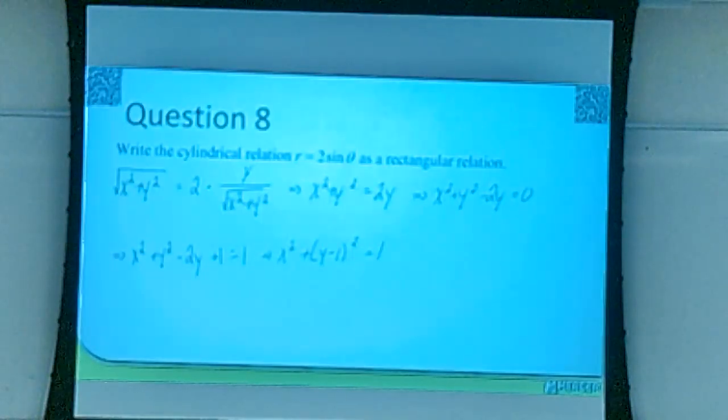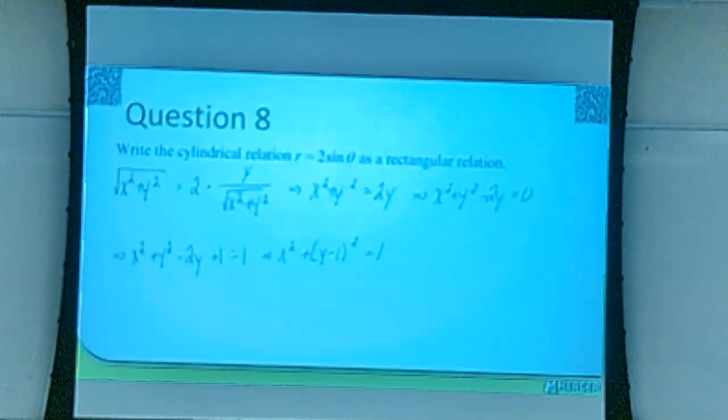Center on the positive y-axis. Where? That's not center. Center has to be an ordered pair. Oh, yeah. 0, 1. Still missing a key component of the circle. That's a radius 1 circle centered at 0, 1.